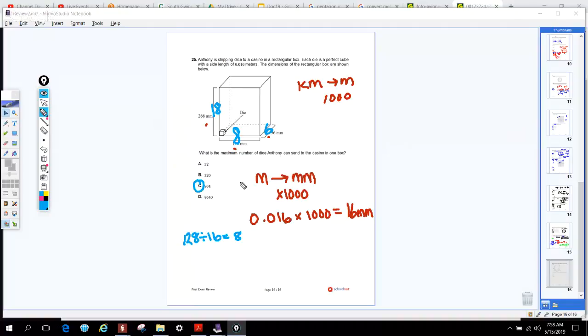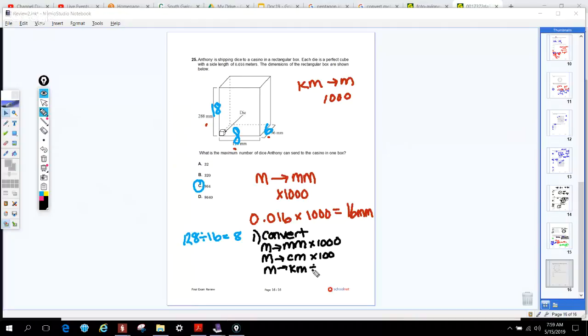Let me say that one more time. Please write these steps out. First, you're going to have to convert. When you convert, we go meters to millimeters, we multiply by 1,000. If you have to do meters to centimeters, you multiply by 100.